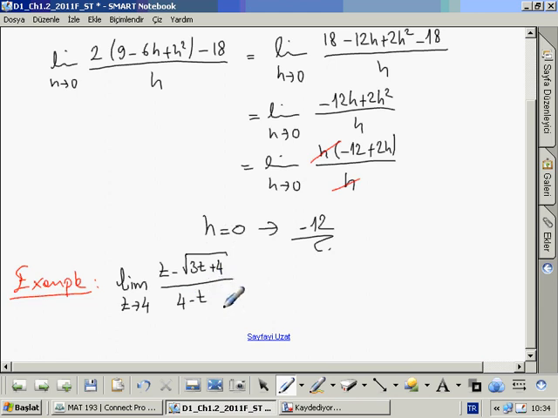This limit is going to be a little more work than the previous ones. Once again, note that we get the indeterminate form 0 over 0 if we try to just evaluate the limit.